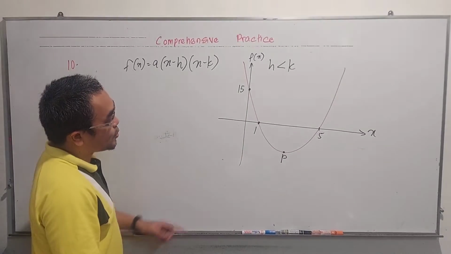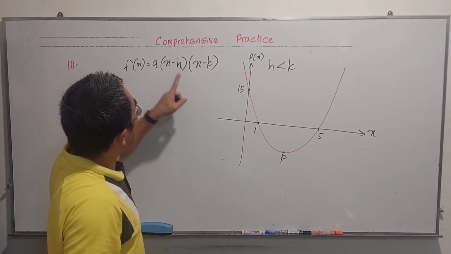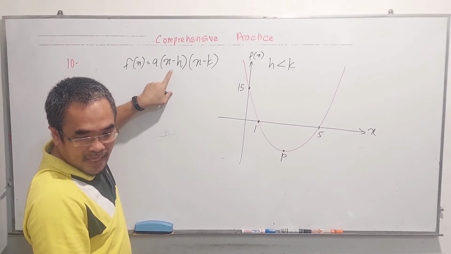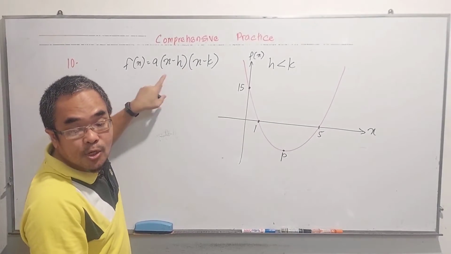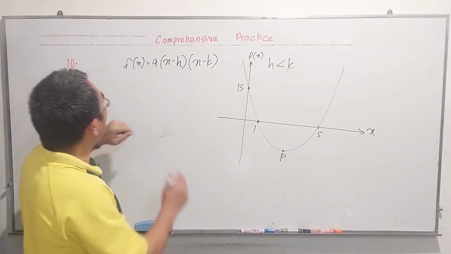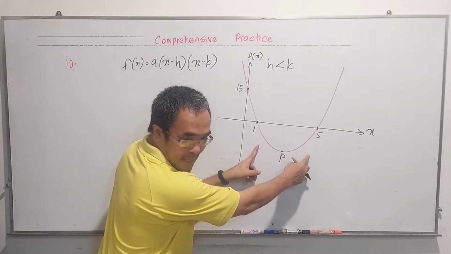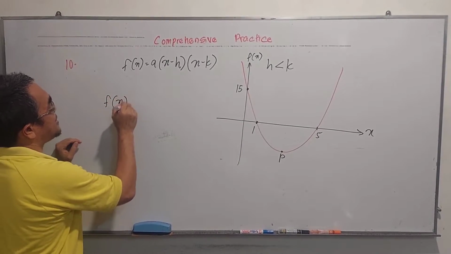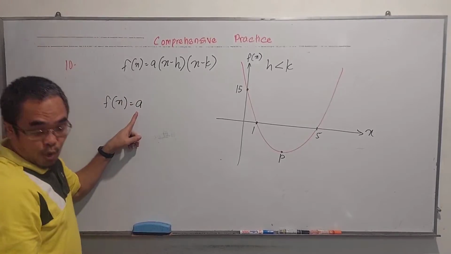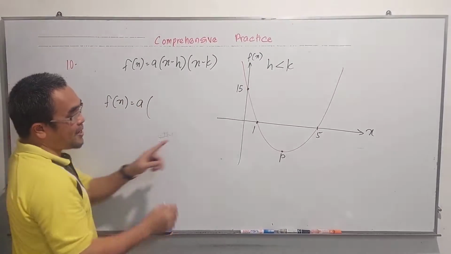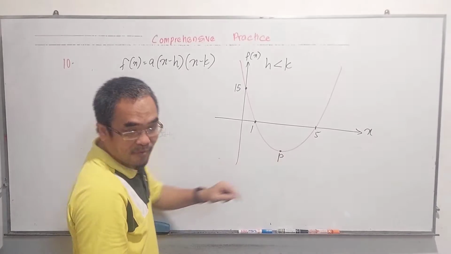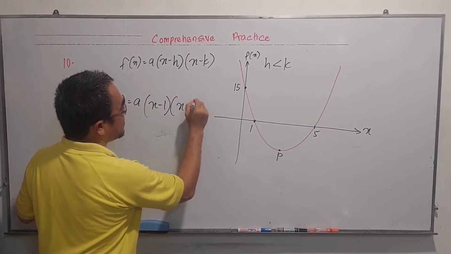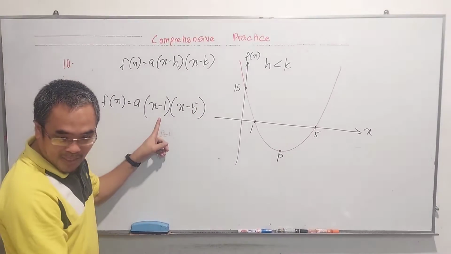So what you have to understand here is that inside the brackets are the roots. Based on the coordinates 1 and 5, I could write f(x) equals a, I do not know the value of a, but based on the roots 1 and 5, you write (x minus 1)(x minus 5). Do you still remember?